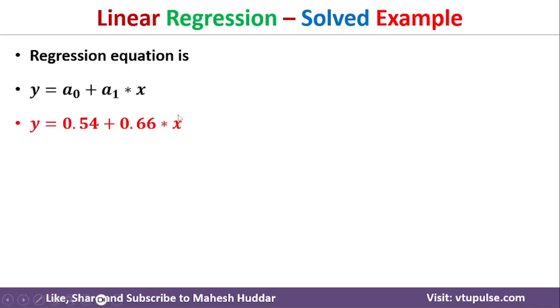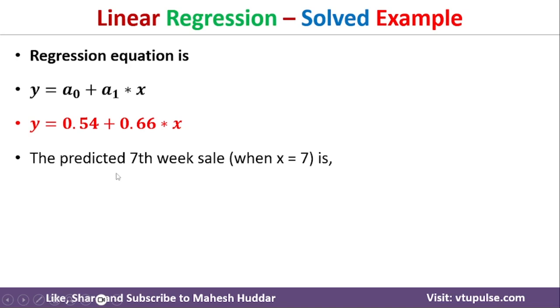In this case, we need to predict the 7th week sales, which means x is equal to 7. We put x equal to 7 in this equation. We get y equal to 5.16. That means in the 7th week, the sales will be 5.16 thousand.